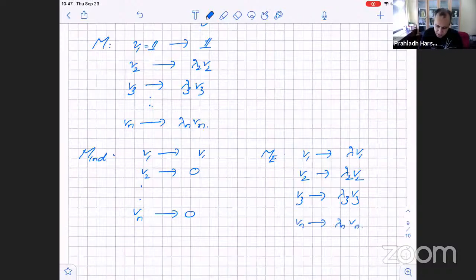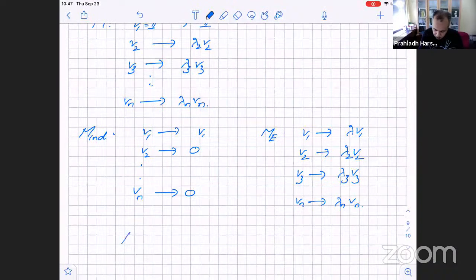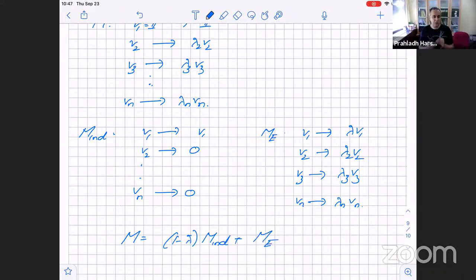Notice the way I have set it up, it has the property that M is actually (1 minus lambda) times M_ind, exactly a scaling of this, plus this error matrix. As an operator, this is what it does. And this will be a useful fact.